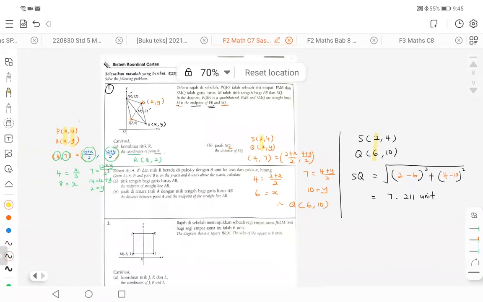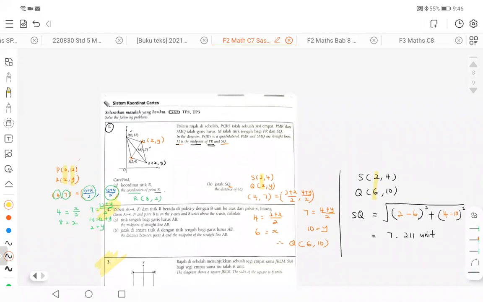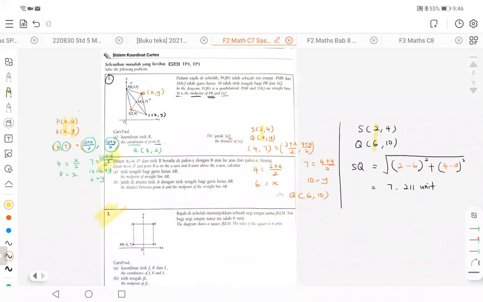So homework for both of you, number 2 and number 3. Irvin already finished until gerak kerja 43. Yeah, must do. Okay, I still owe you one more class.